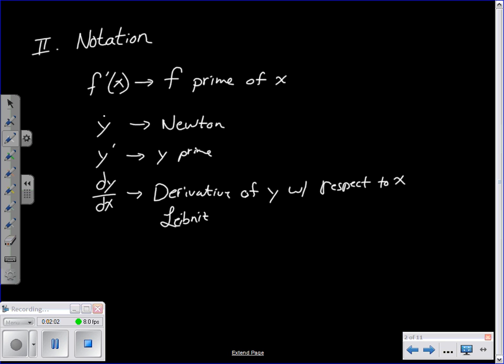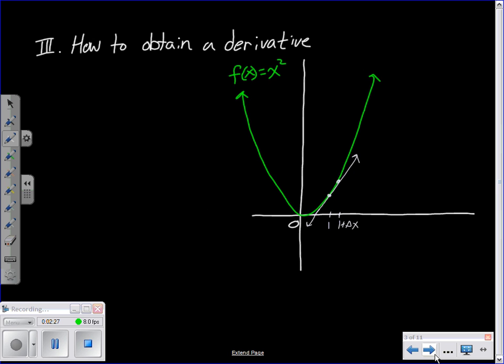So the nice thing about dy dx is it's going to have a few more uses later on when we're talking about how to find derivatives implicitly, as well as whenever we're finding antiderivatives or integrals. The idea of dy dx is going to help us out a lot. So we're primarily, for today, going to use f prime of x or y prime, but don't forget about dy dx. This is going to be one of those things that we continue to use over and over and over again.